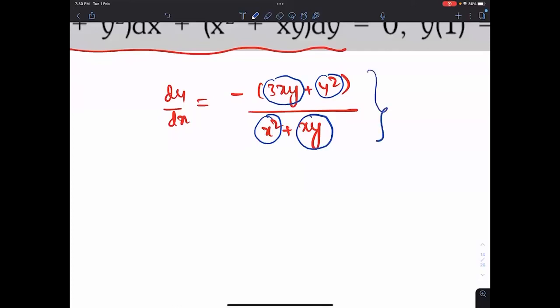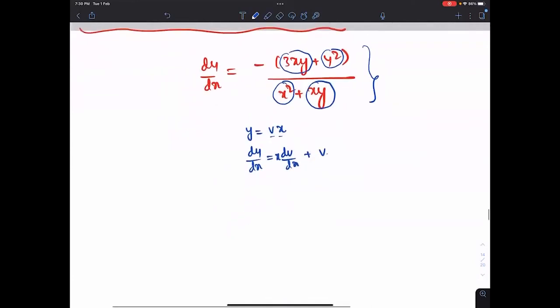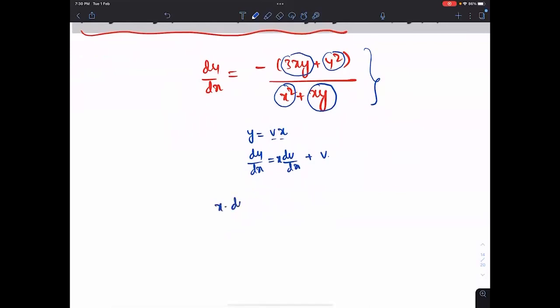Okay. So for a homogeneous differential equation, the substitution is y equals vx. So dy by dx, if I apply the UV rule, will be x dv by dx plus v times dx by dx, which is 1. Okay. So now dy by dx is what here? x into dv by dx plus v, and minus what is there here? 3 times x into what is y? vx.